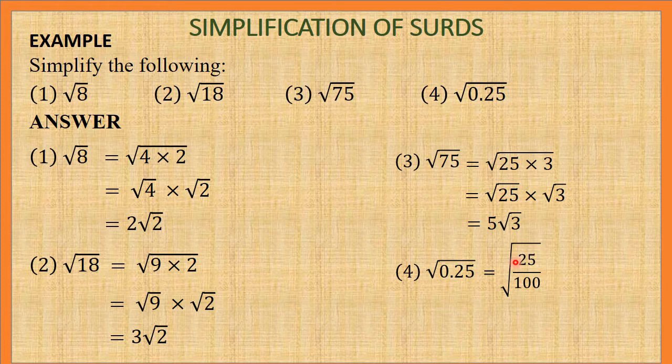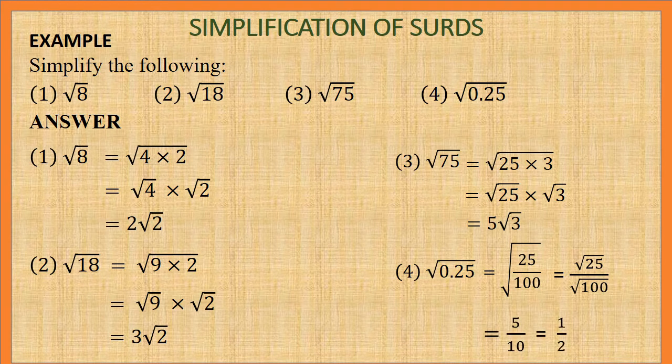From one of the rules, the square root of a fraction is the same as the square root of the numerator over the square root of the denominator. So this can be simplified as square root of 25 over square root of 100. And we know that square root of 25 is equal to 5, and square root of 100 is equal to 10.